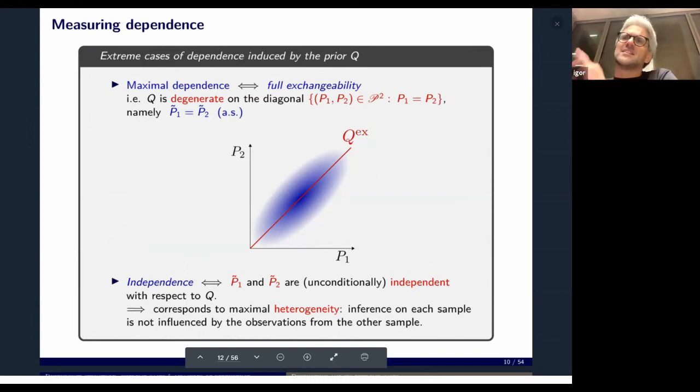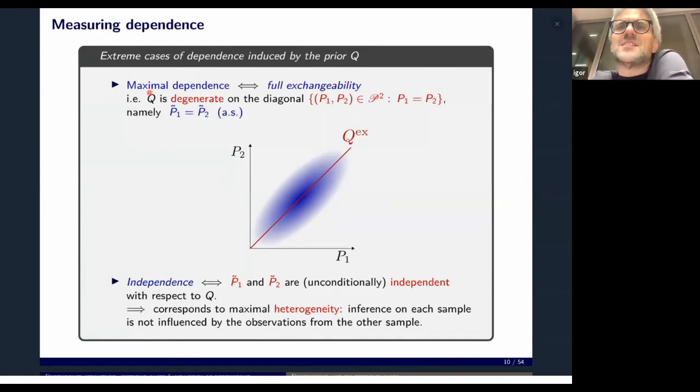And the extreme cases for the partially exchangeable situation, well, the first one is maximal dependence. What does it mean? It means that my Q degenerates to full exchangeability. I formally have my samples separate, but actually could just put everything together and analyze it as if it was just a single sample.